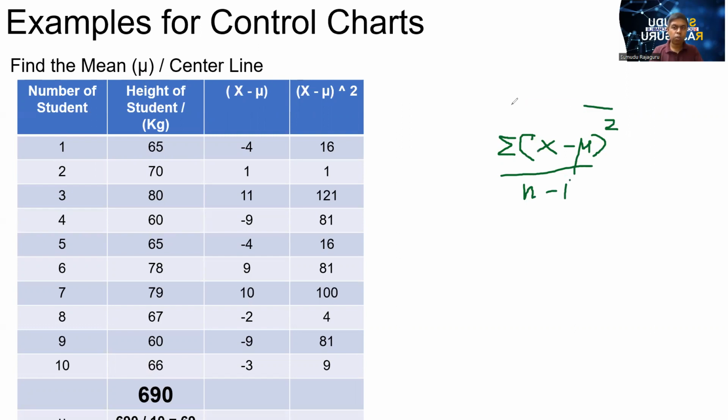Then we have to take the square root of all these terms. It is equal to the sigma. That is the equation.